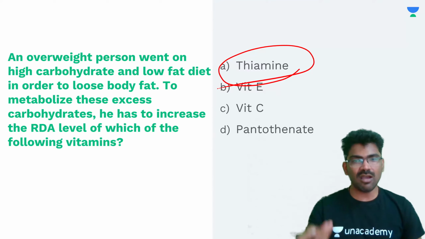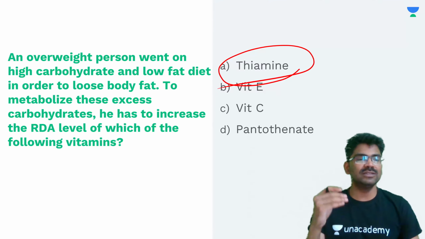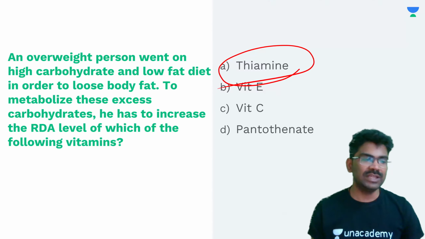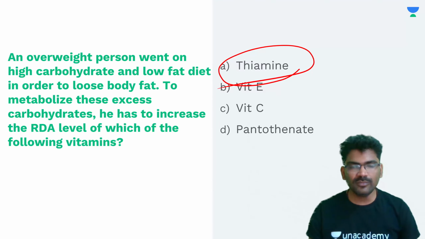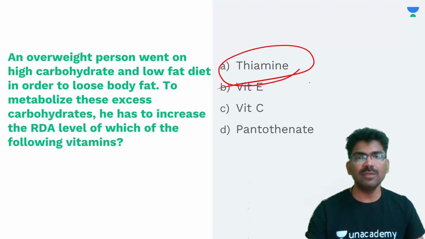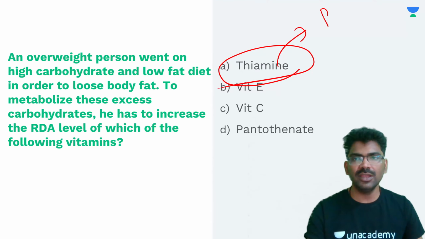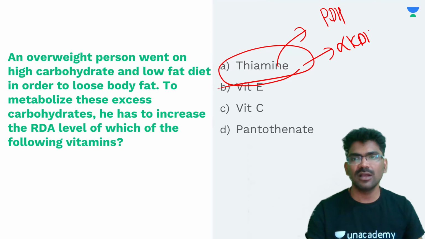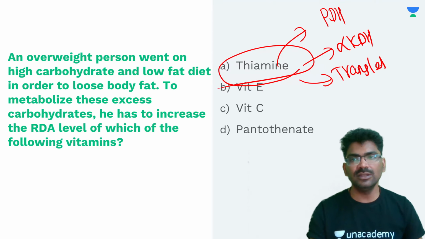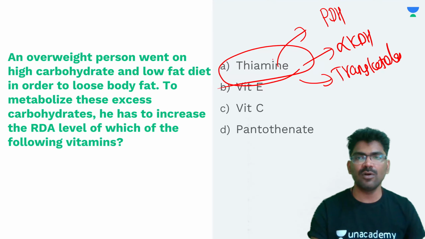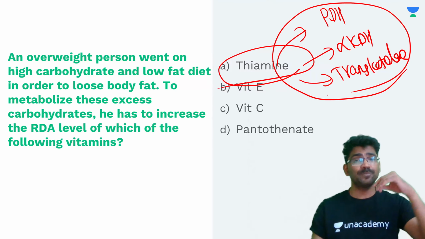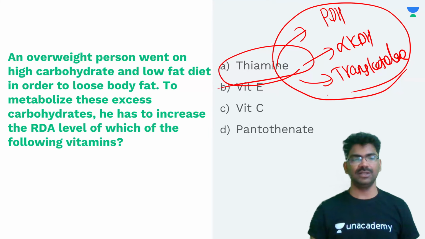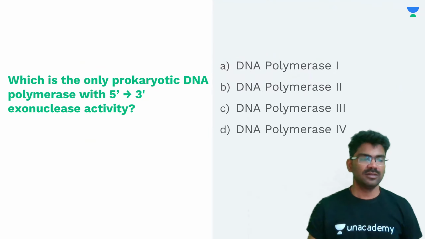So RDA of thiamine is directly proportional to the intake of carbohydrates because thiamine is required for pyruvate dehydrogenase, alpha ketoglutarate dehydrogenase, and transketolase. So these are the three enzymes involved in carbohydrate metabolism that are thiamine dependent.